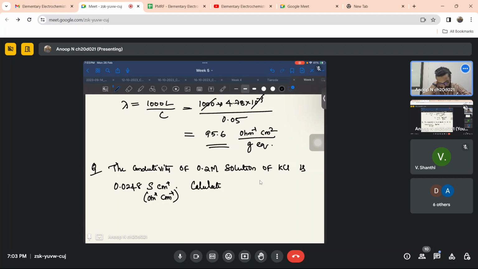Calculate the molar conductivity, represented by lambda m, of the solution.